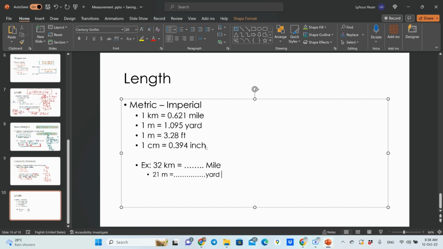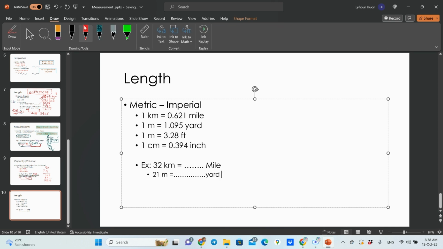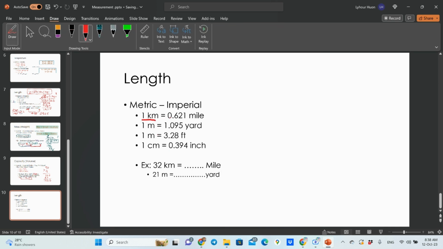So in order to convert kilometers to miles, we now know 1 kilometer is 0.621 miles. So 32 kilometers equals how many miles?